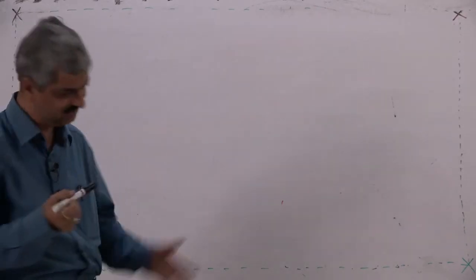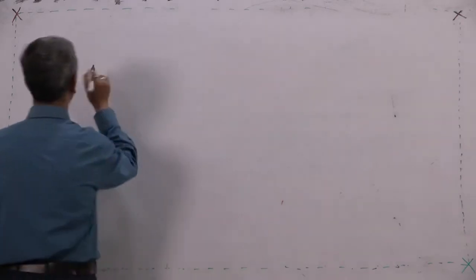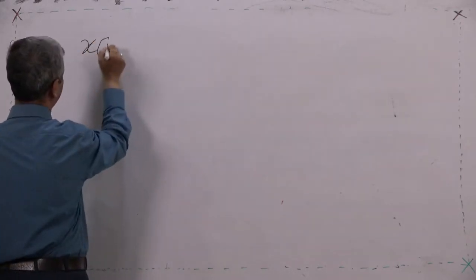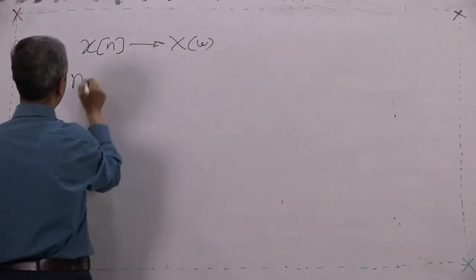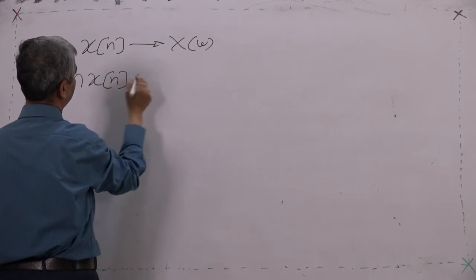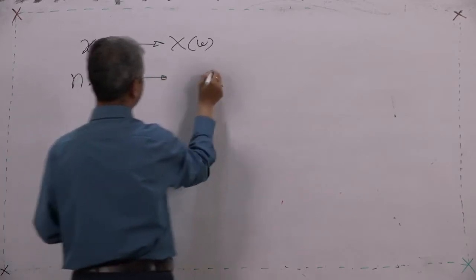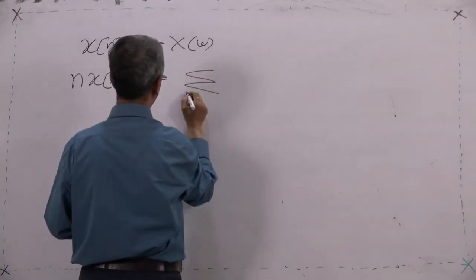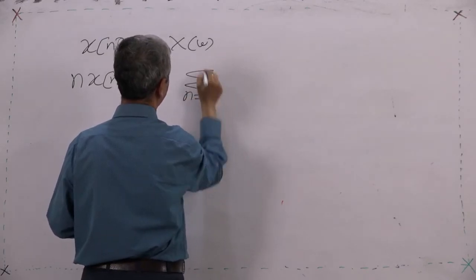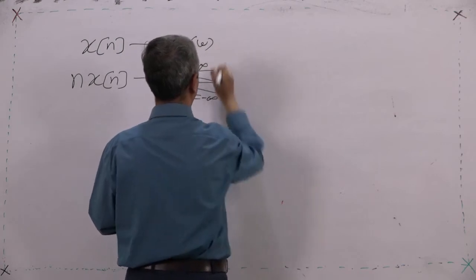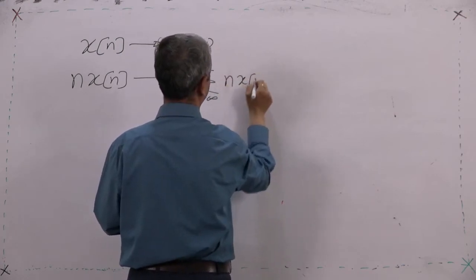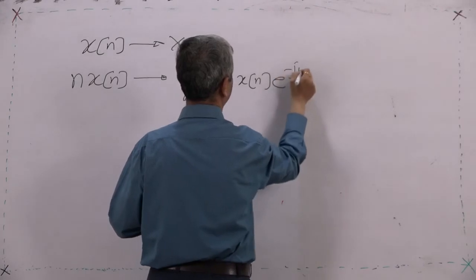We will be using some approximations, it may not be the exact classical discussion because that will be very time consuming. So, what is x[n]? Its DTFT is X(omega). For n x[n], its DTFT is the summation n equal to minus infinity to infinity of n x[n] e raised to minus j omega n.